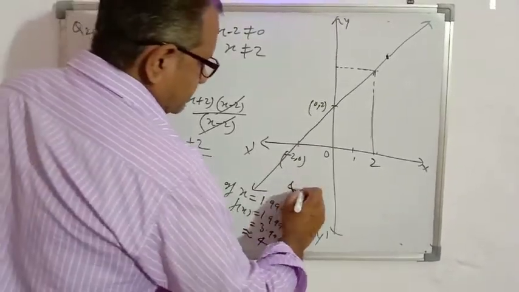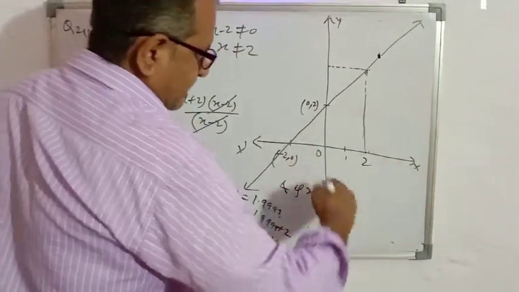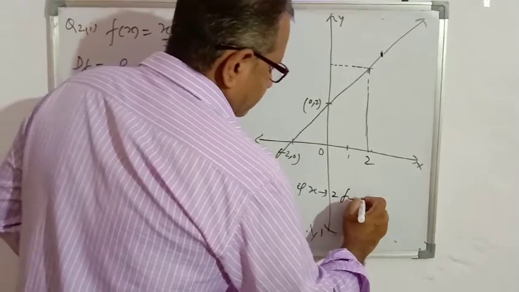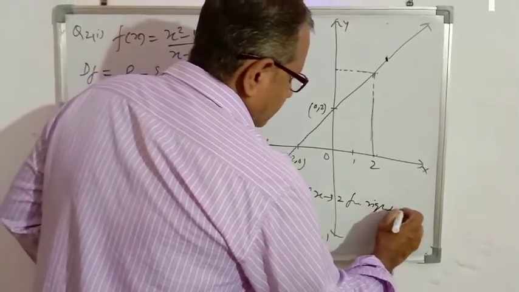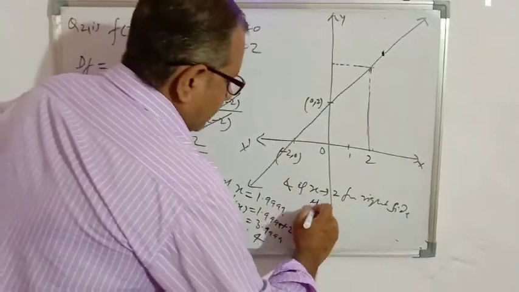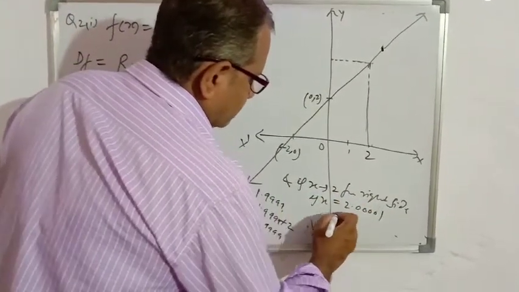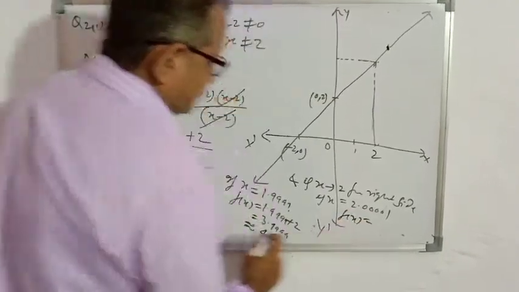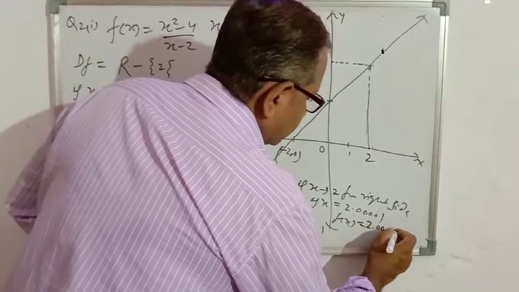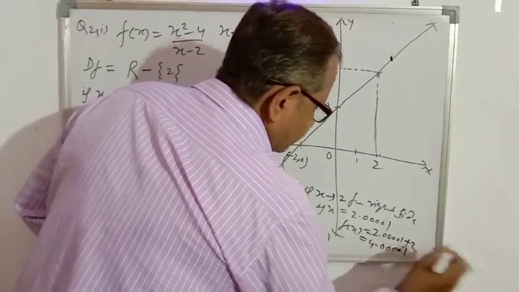And if x tends towards 2 from the right side, if x is equal to 2.0001, then what will be f(x)? x plus 2, so 2.0001 plus 2, it will come 4.0001.